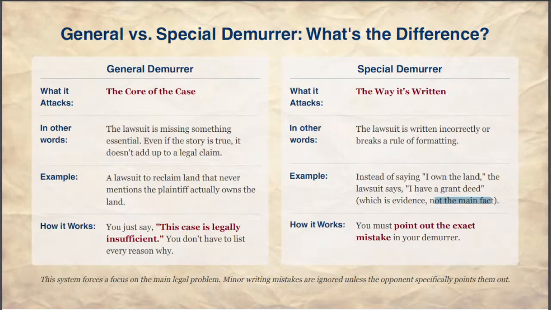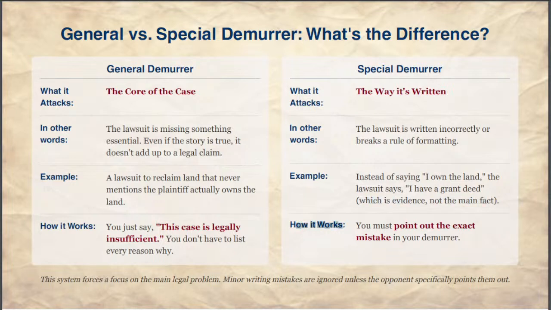Therefore, having this statement in the affirmative and the positive, I own the land, is far superior to saying I have a grant deed, because we have to draw a legal conclusion that a grant deed is in fact ownership of land. So you may say it's evidence that could lead to that, but it's not the main fact.